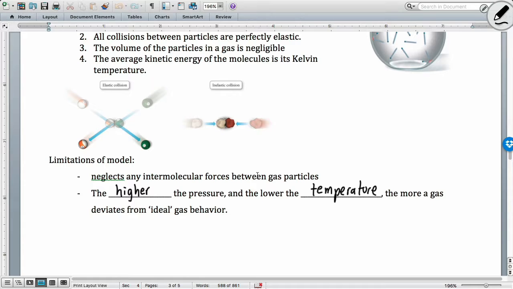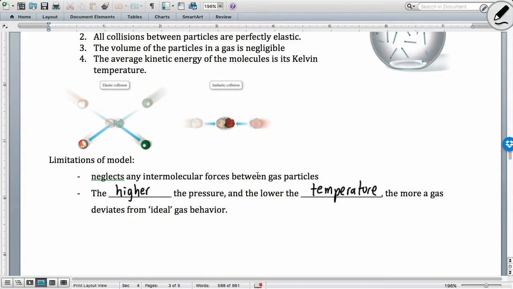Once you raise the temperature, they're moving around so fast and spread out that they don't really interact much. But high pressure and low temperature are both things that could cause a gas to turn into a liquid. Think about water vapor condensing on the walls of your glass because there's cold water in there.